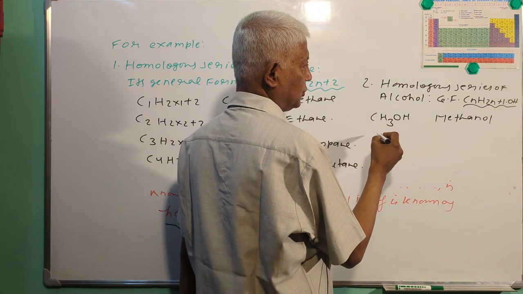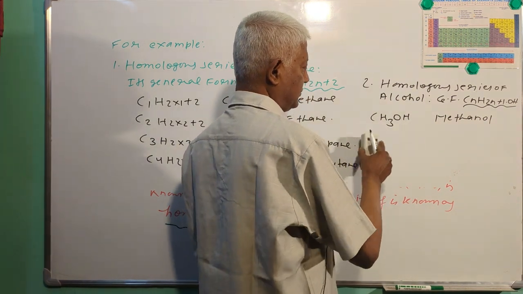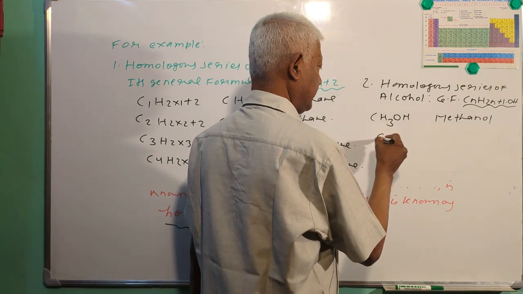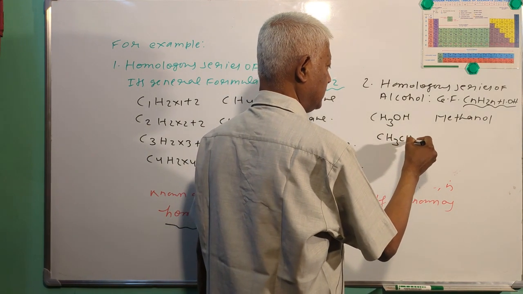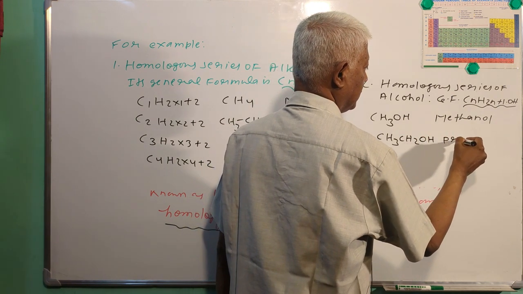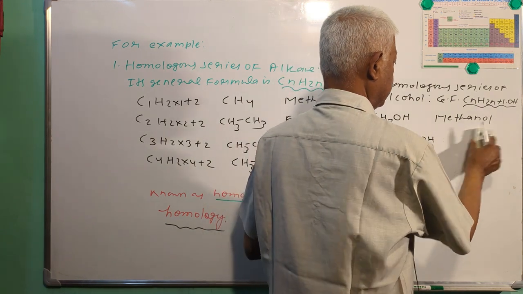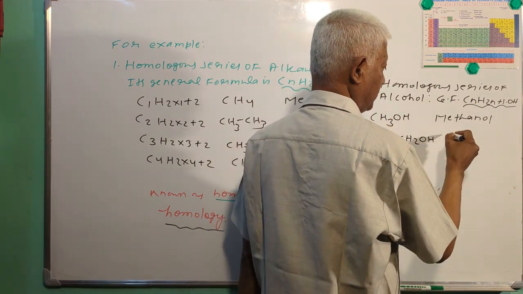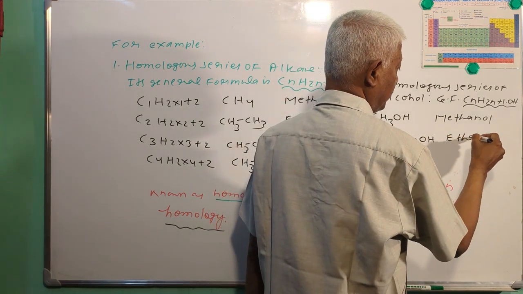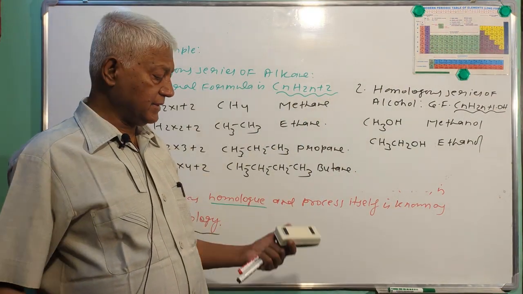If carbon is 2, we have CH3CH2OH. Sorry, not propyl, that is ethanol, with 2 carbon. We are talking about the second example over here.